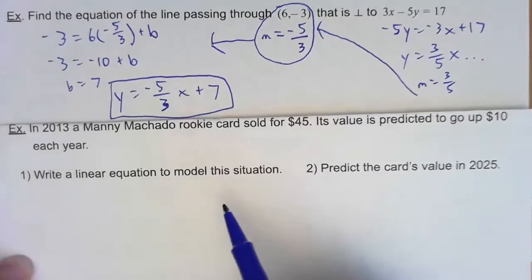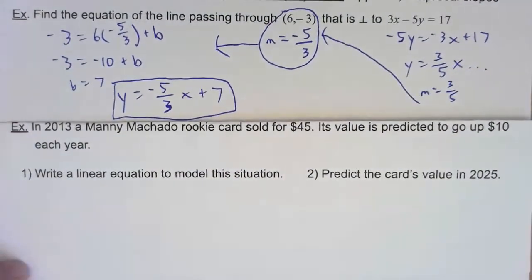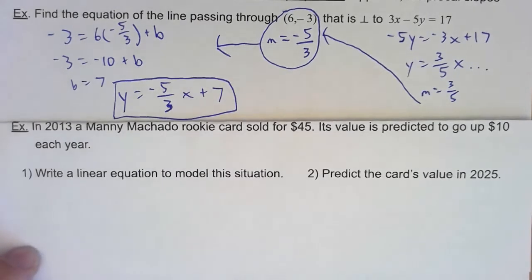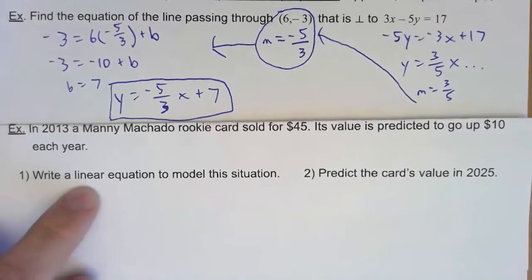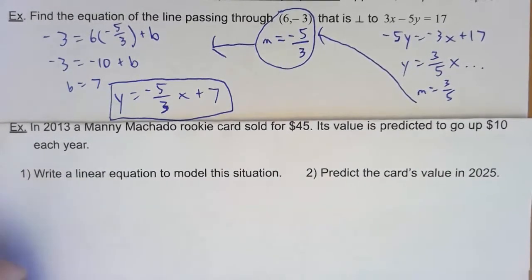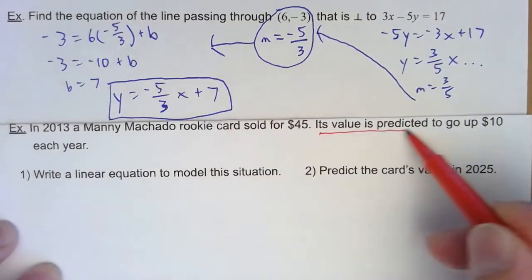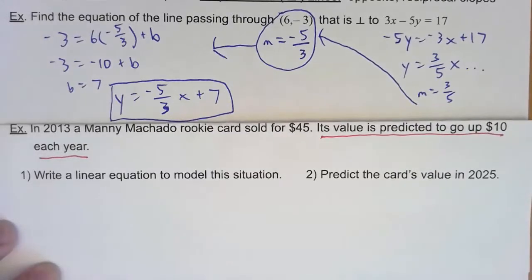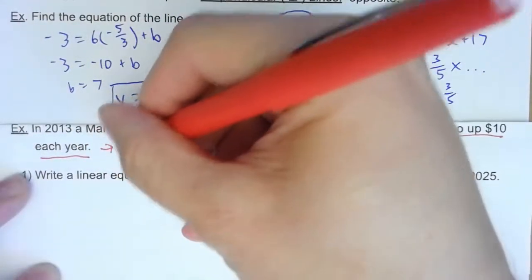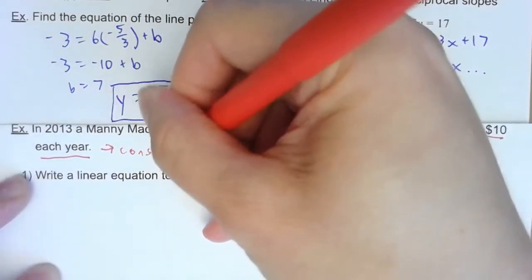So if we want to write a linear equation to model this situation, the first thing is to make sure that you realize why we actually can write a linear equation. Linear, it's got line in it. Linear means it's a line. So make sure you know why this thing actually has to be a line. And of course, it's because of this sentence right here. If the value is going up $10 each year, then that's a constant rate of change.